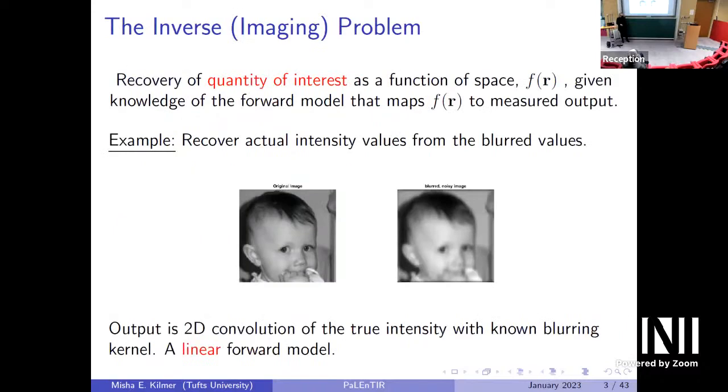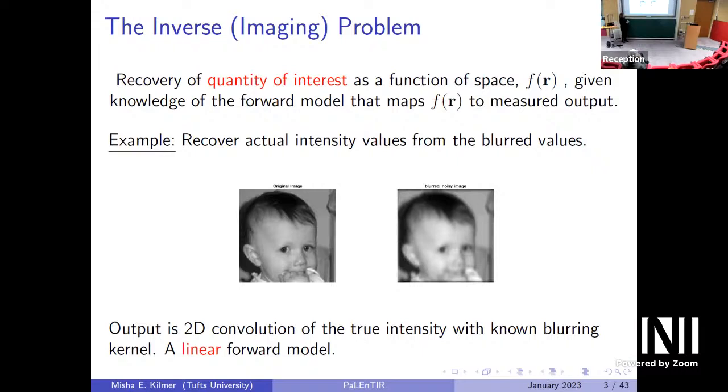So again, what I want to be clear about from the first few slides is that the method that I'm proposing is going to be useful whether you're talking about a linear inverse problem or a nonlinear inverse problem. A standard example of a linear inverse problem is the problem of deblurring.